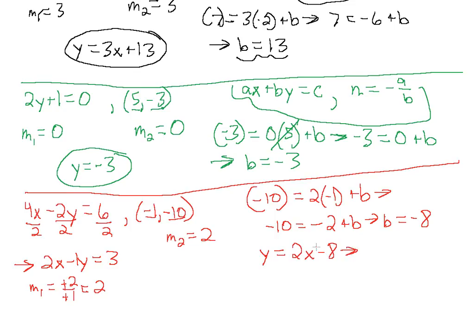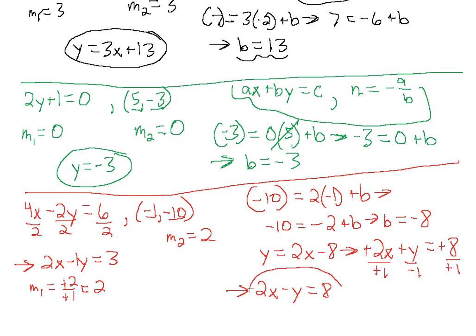We can subtract 2x from both sides, so we have minus 2x plus y equals minus 8. We never want our leading coefficient to be negative, so let's divide everything through by minus 1, or multiply everything through by minus 1, however you want to look at it. These negatives cancel, as do these. We're left with positive 2x minus y equals 8.